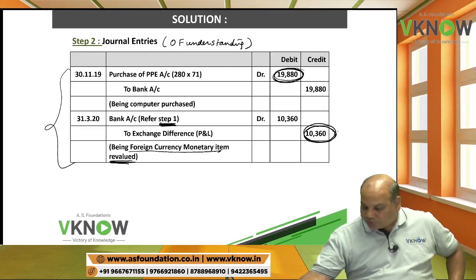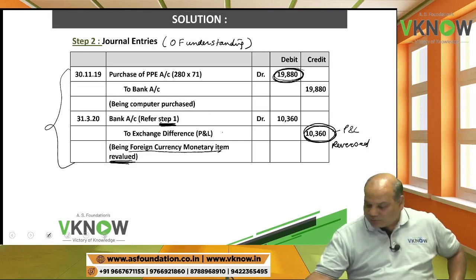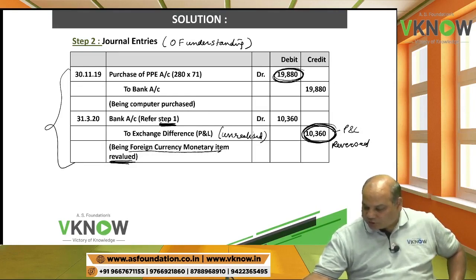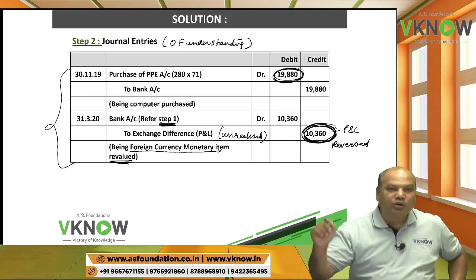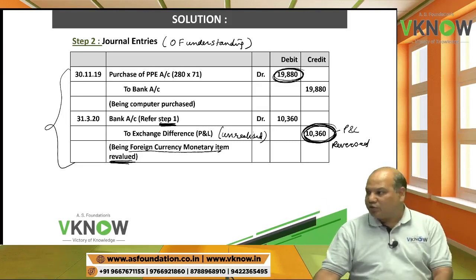Exchange difference will be part of P&L account, but it will be reversed or eliminated because it is unrealized. And this unrealized exchange difference will form part of reconciliation statement also.